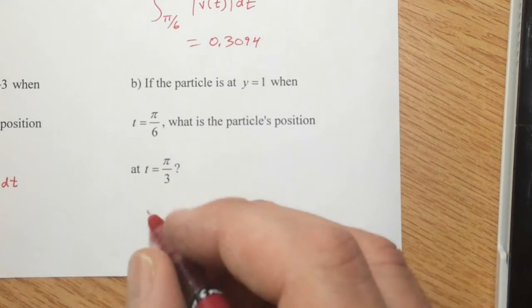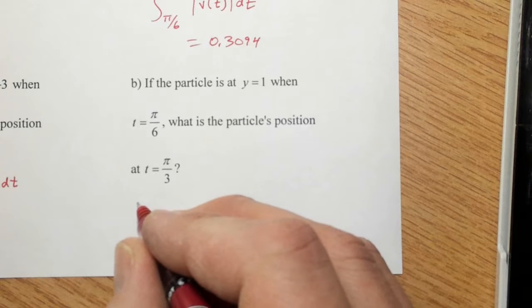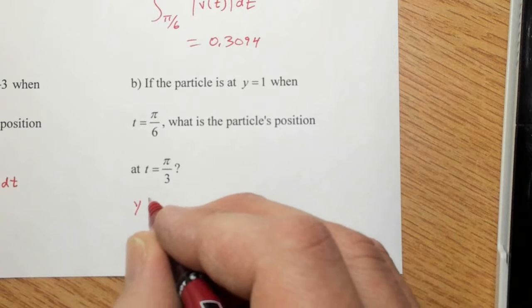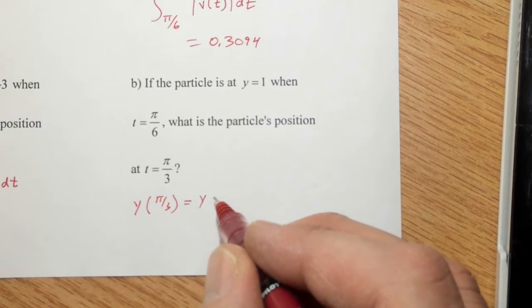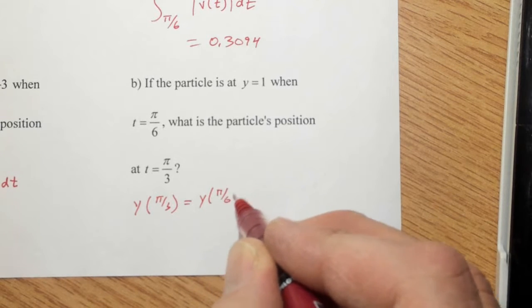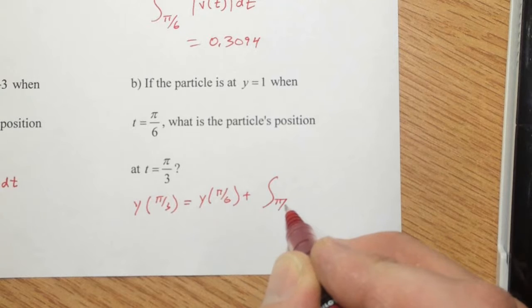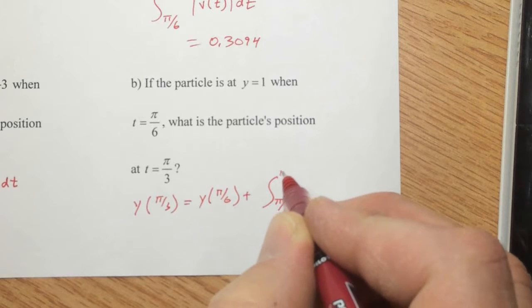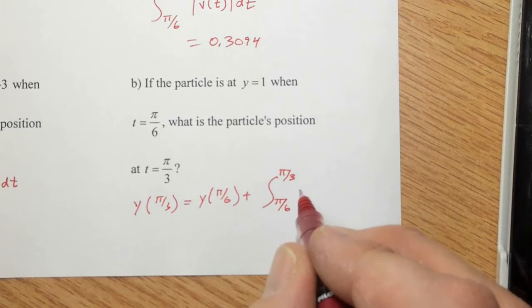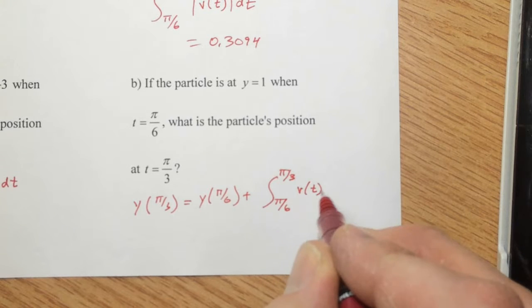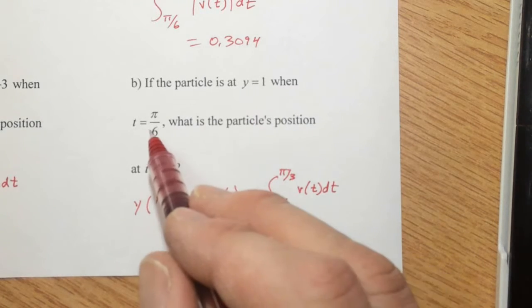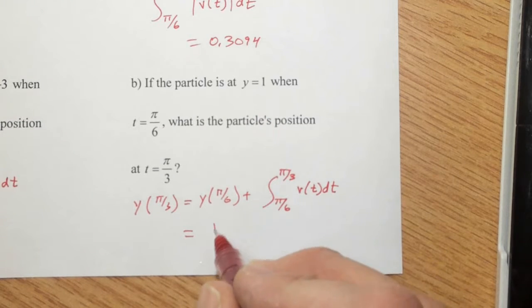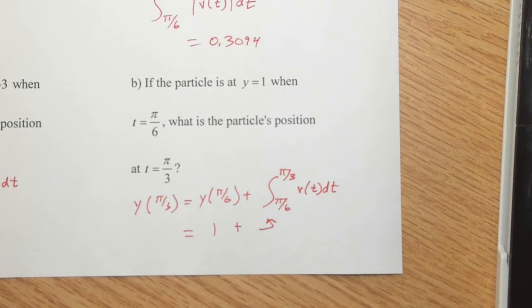Okay, and then we have here, we're going to say that y's value at pi over 3 is equal to y's value at pi over 6 plus the integral from pi over 6 to pi over 3 of our velocity function, no absolute value. All right, and at pi over 6, y's value is 1, so we're going to have 1 plus that integral right there.